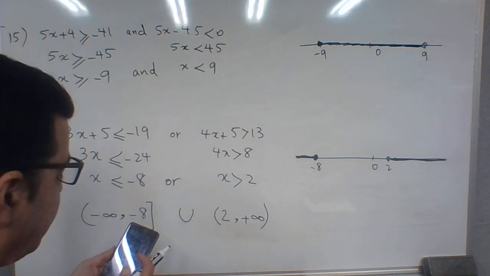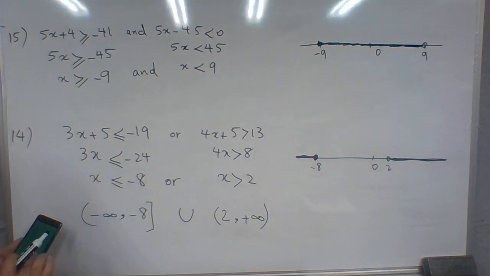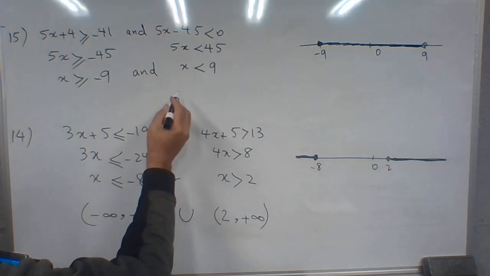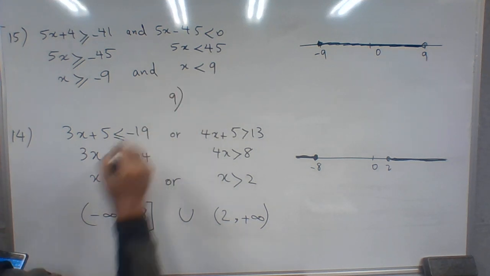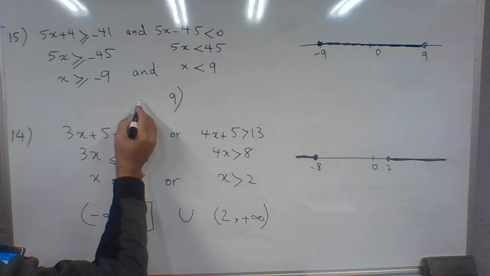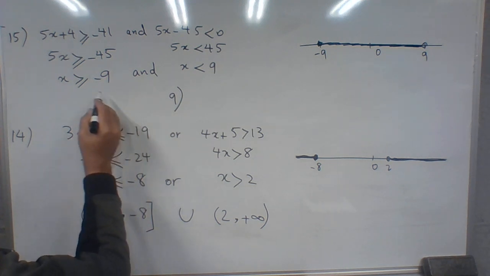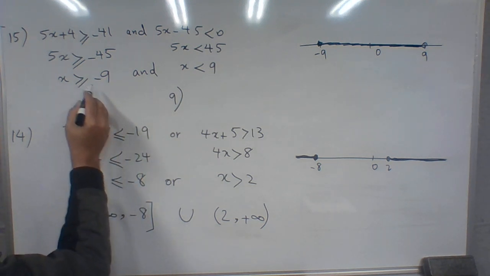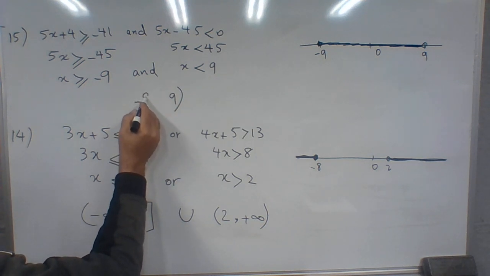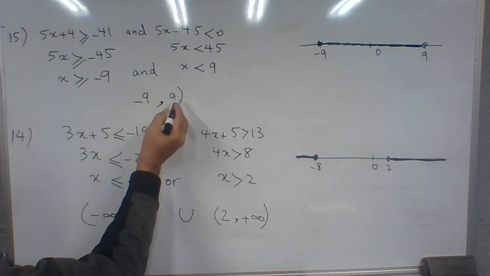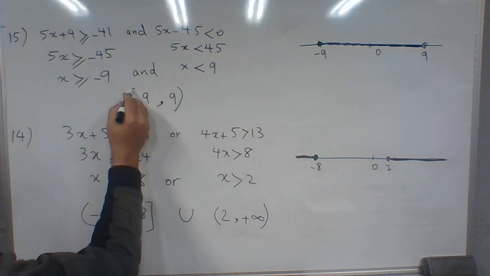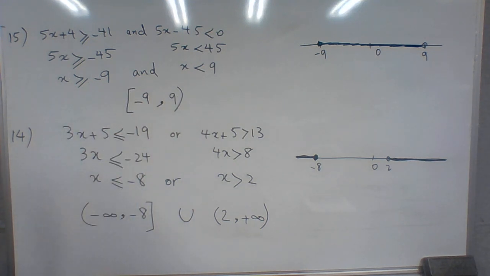And then in interval notation. Interval notation means that x less than 9, so if this is 9, and I don't put negative infinity here because we have a lower limit. So the lower limit is negative 9. So less than 9 and greater than or equal to negative 9.